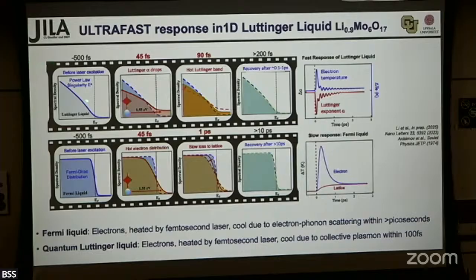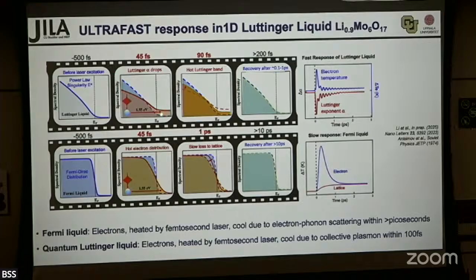So you've got your electrons in the Luttinger liquid characterized by your Luttinger exponent alpha. If you take some of these and put them up here, you will definitely excite a plasmon, because you have reduced the distribution here. You've put them up here.